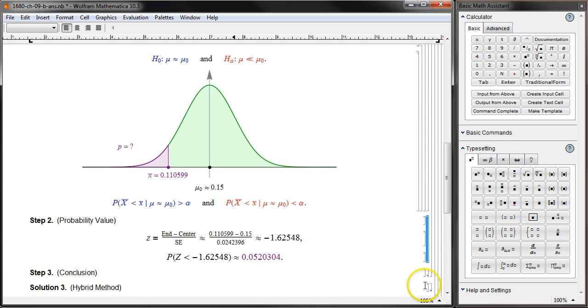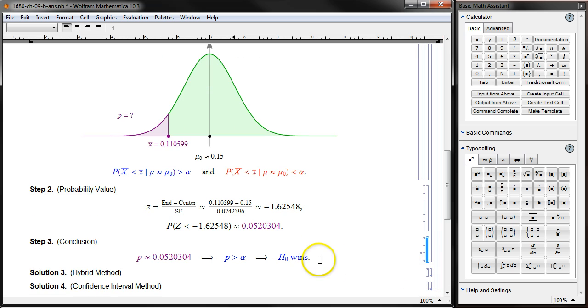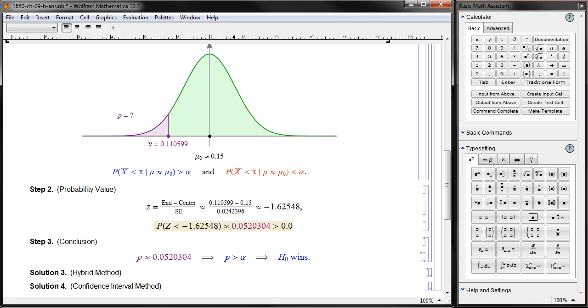Now, how do we find out the probability value? If I use technology, it turns out 0.052 something, it's too big. So here is the conclusion, and consequently H0 wins. This is certainly greater than the alpha value 0.05.